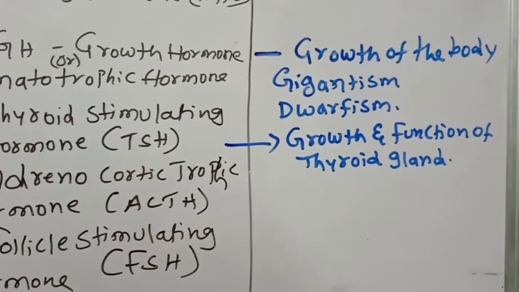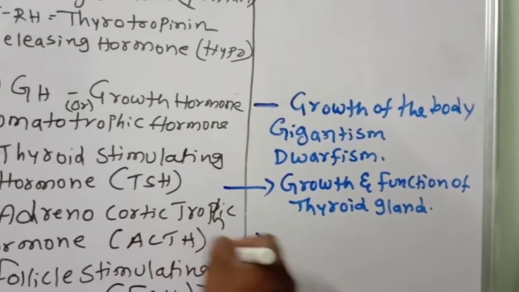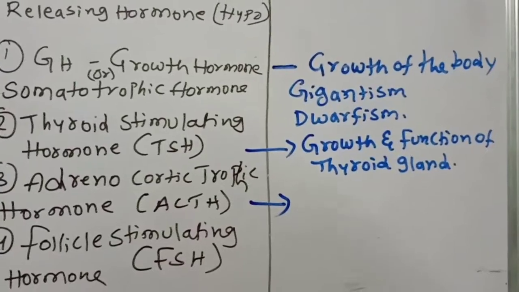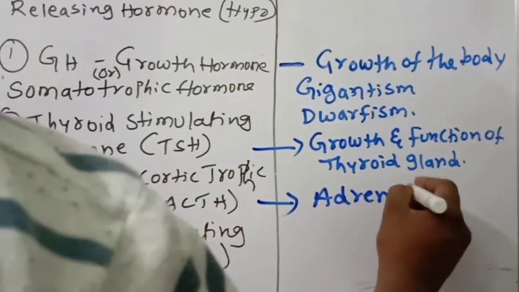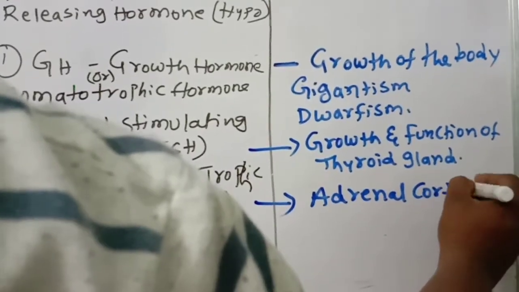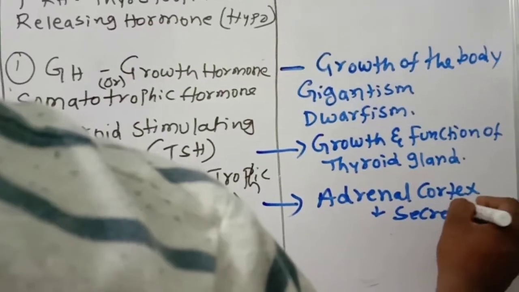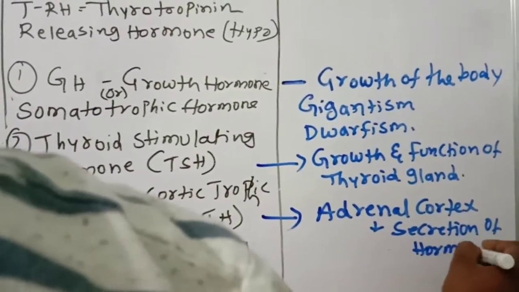The next one, the most important, adrenocorticotropic hormone. It stimulates the adrenal cortex to secrete hormones. You know the adrenal gland is there, and the adrenal cortex secretes hormones. This point you should remember.